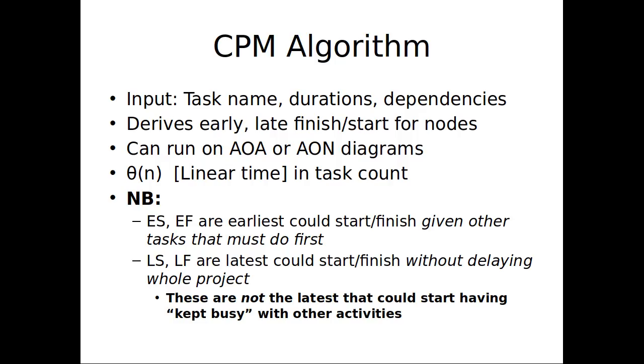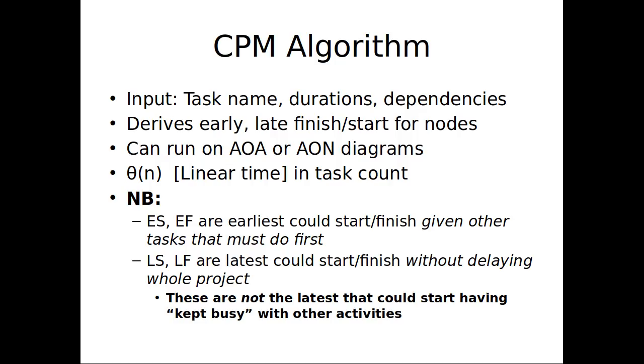Okay, so the CPM algorithm is going to be at the heart of analyzing CPM diagrams and their implications. It takes as input certain things we've just talked about: a list of tasks, and for each of those tasks, a duration and dependencies. What other tasks depend on this one in some ordered way? Okay.